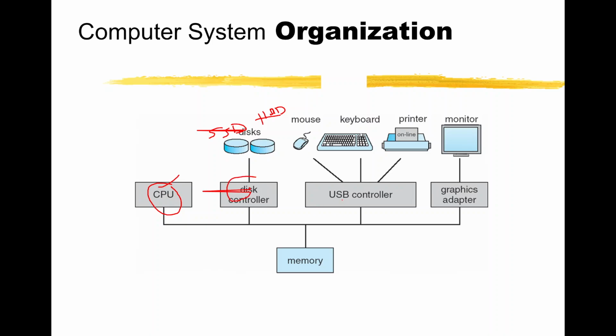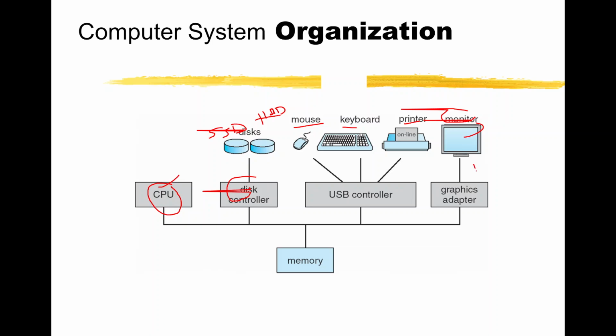Then you have your USB controllers. A USB controller allows you to interface your system with the output and input devices. For example, we have your mouse, your keyboard, your printer. They are all connected to the USB device. And then you also have your monitor, which we use to check what's happening while we are working on the system.